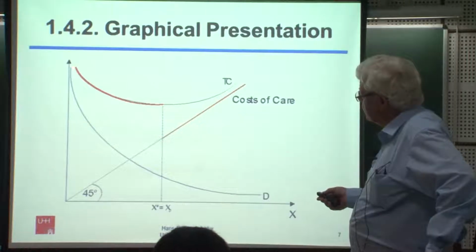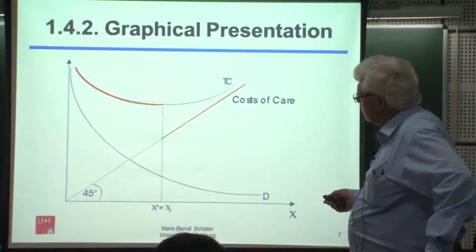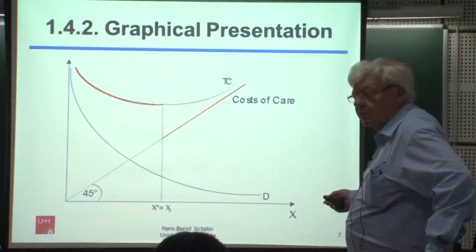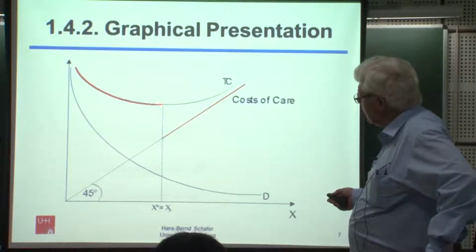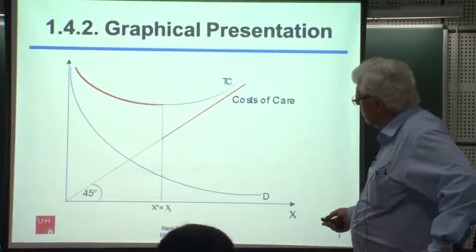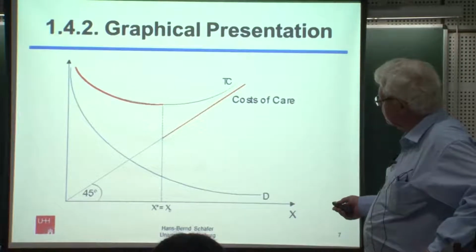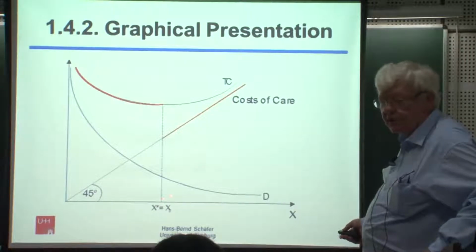And then this red line tells us that these are the costs for the tortfeasor when he does not reach the due level of care. As soon as he reaches the due level of care, then he does not pay damage compensation, and his only costs are the cost of care.